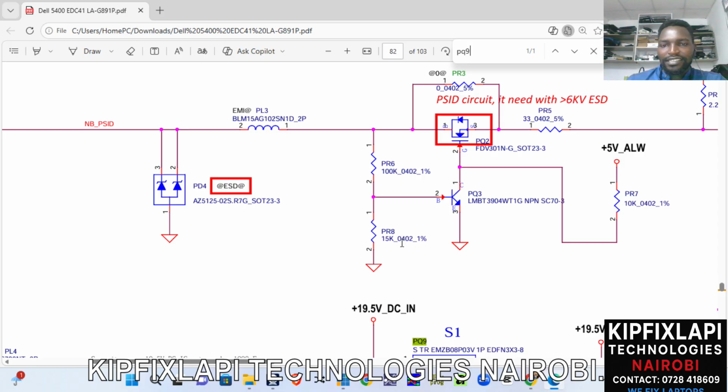0402. We said this is the size, 4 millimeter by 2 millimeter, length by width. And the 1% is the error you can get from this 15 kilo ohms. So as you can see, even though these resistors are the same in size, they are not the same in resistance. So it means you cannot replace this resistor with this resistor, even though they are the same in size.